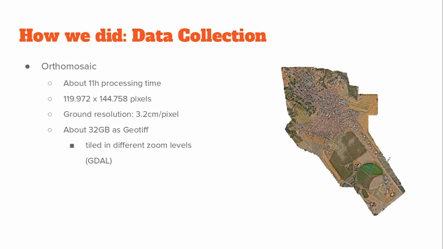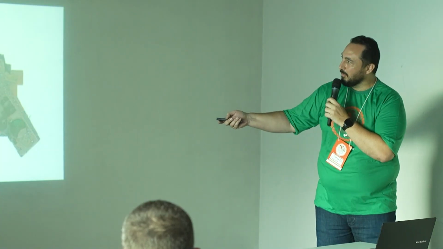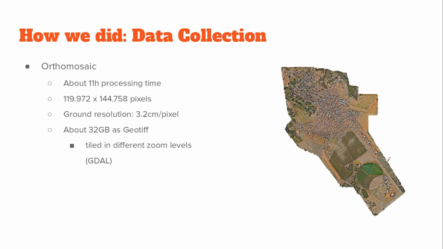We could build an orthomosaic after all this image collection. After about 11 hours of processing, we got an image of 119,000 by almost 115,000 pixels with a ground resolution of 3.2 centimeters per pixel.